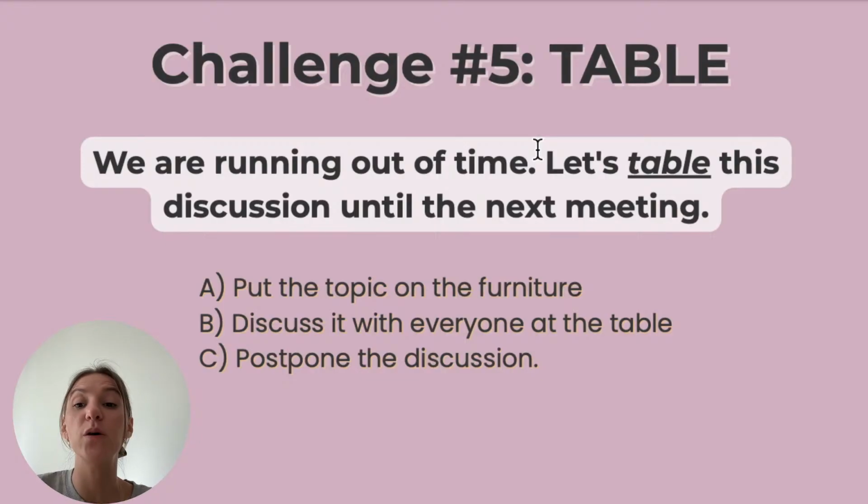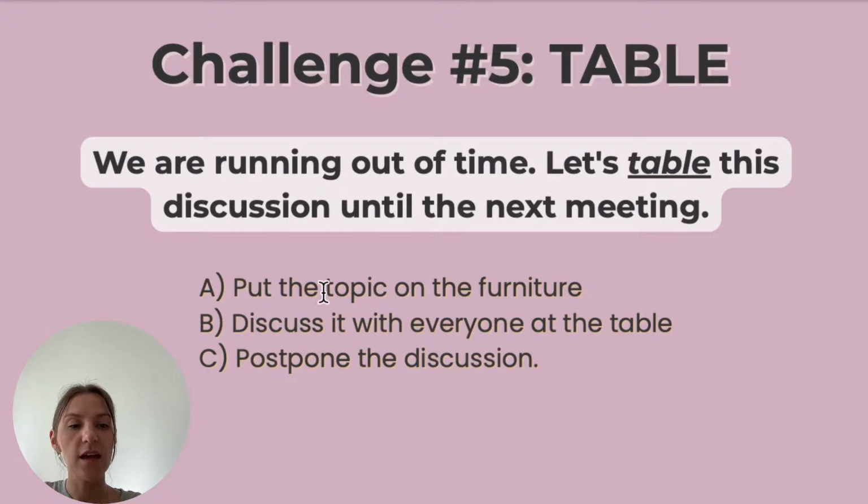Today we are learning how to use simple words in their advanced ways, and we are already on our word number 5, table. Now you need to look at this sentence and try to think what this word table as a verb means here.